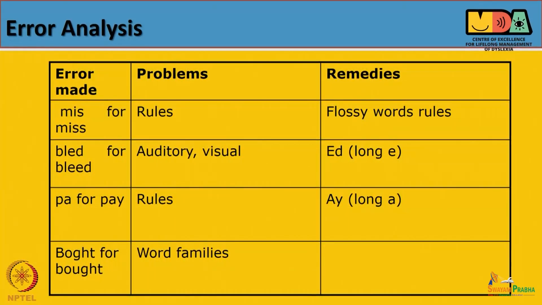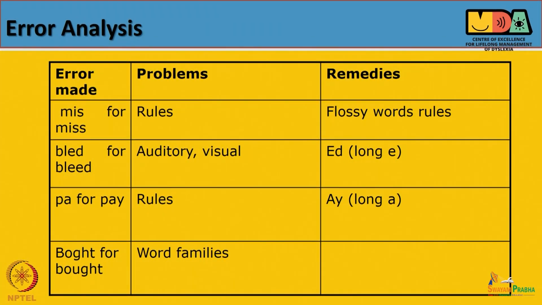To continue with our error analysis, let's look at some other words that the child could be making a mistake in. Miss, he writes MIS for miss, MISS. Clearly, the child has not internalized the rule, which is the Flossie rule here, and he has not learnt the rule which you are all being taught.